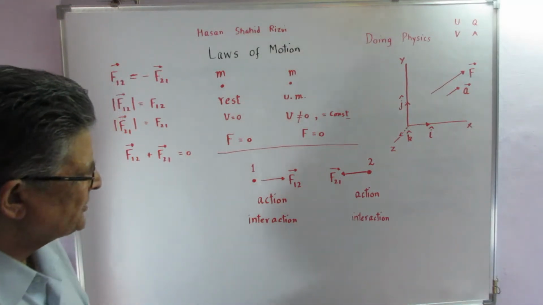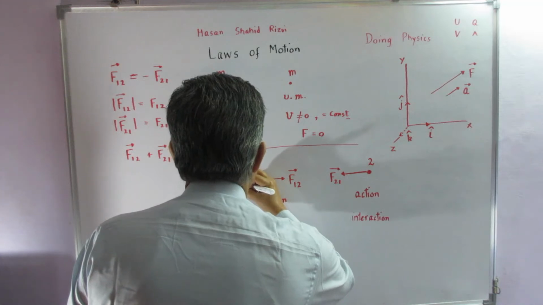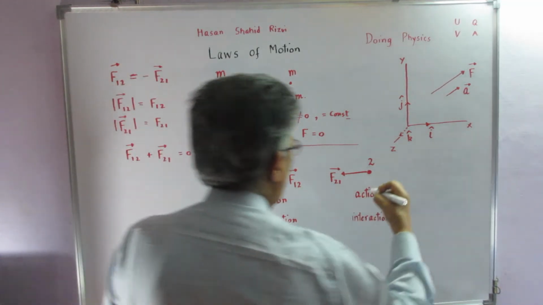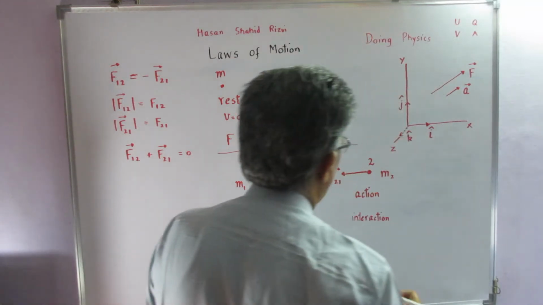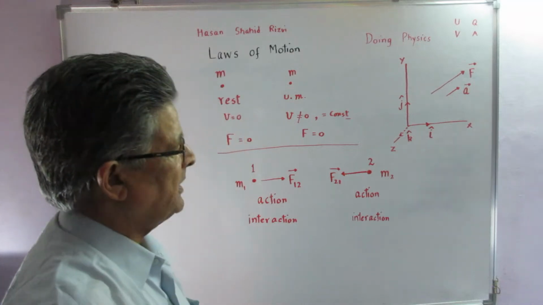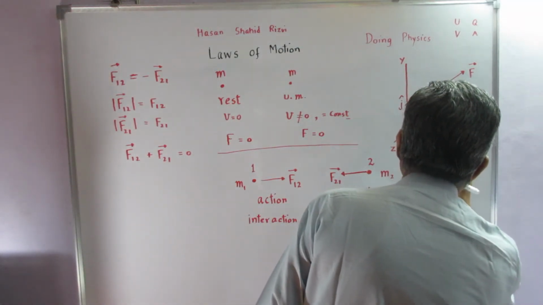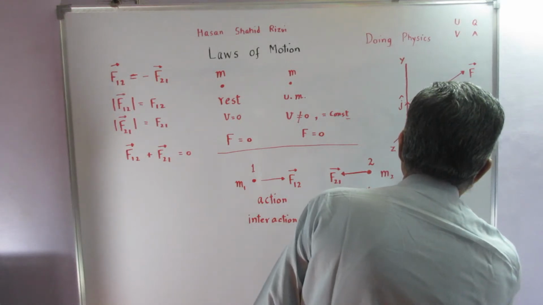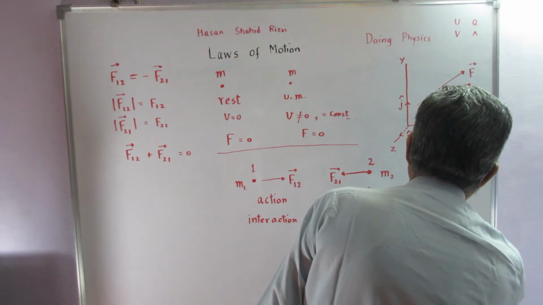There can be masses, M1 and M2. M2 may be equal to M1, may be greater than M1, and may be smaller than M1.